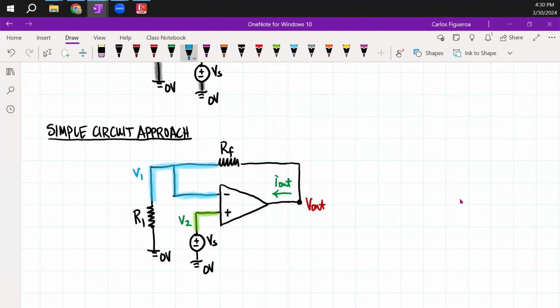We immediately start applying the conditions right away. Once again, we saw that this current is 0, and this current going down here is 0. And of course, we still have our red node that leads to V out.